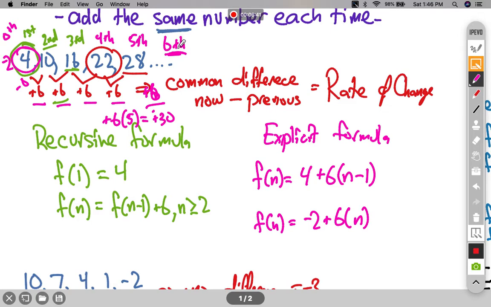Because then if I wanted the 6th number, I would add 1, 2, 3, 4, 5, 6 times. We get that explicit formula. So this is when I have the first term, I have to have n minus 1. If I have the 0 term, I can just add n.